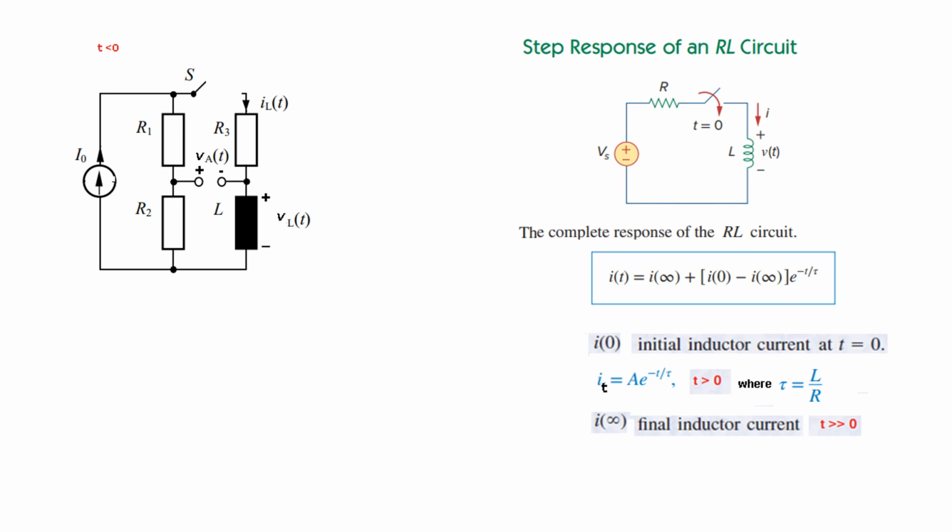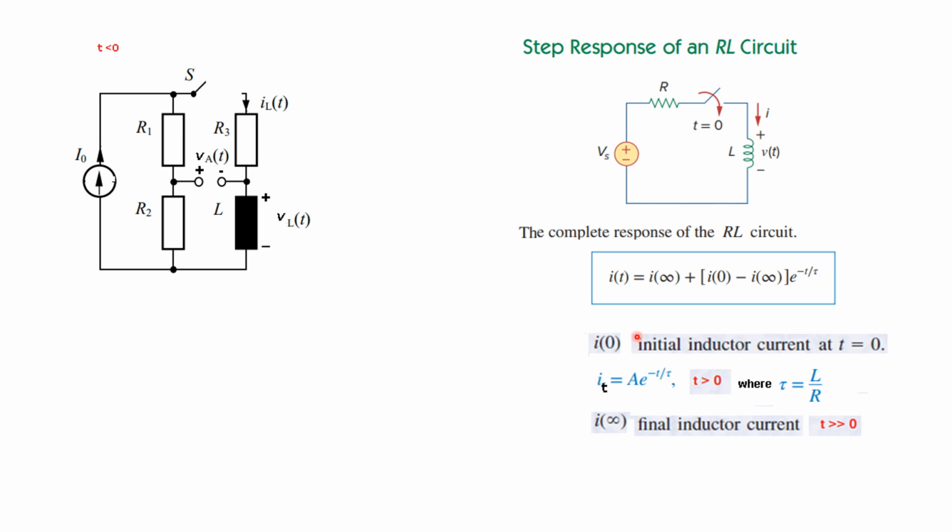I infinity is the current when the circuit has been closed for a very long time. I0 is the current just before or just after the closure of the switch, that means I0 minus or I0 plus, same. And minus again I infinity, e raised to the power minus t over tau, where tau is L over R in case of an RL circuit.